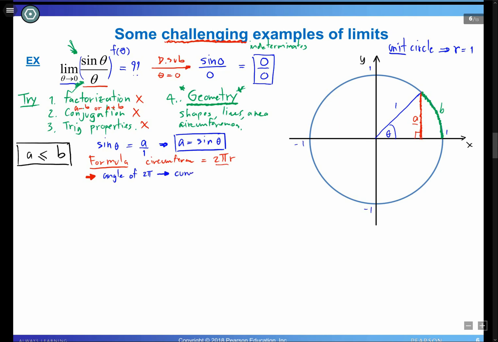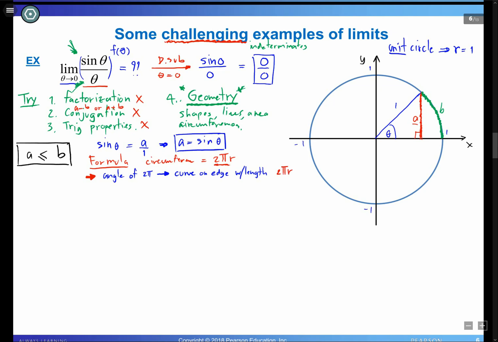Curve on edge with length. Okay. If we are talking about the whole circle, the curve on the edge of the circle would have the length, of course, given by this formula, 2 pi r. So we have this 2 pi r.